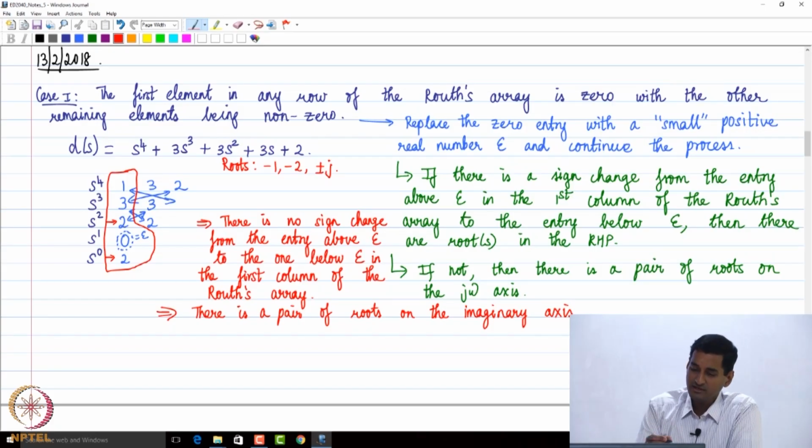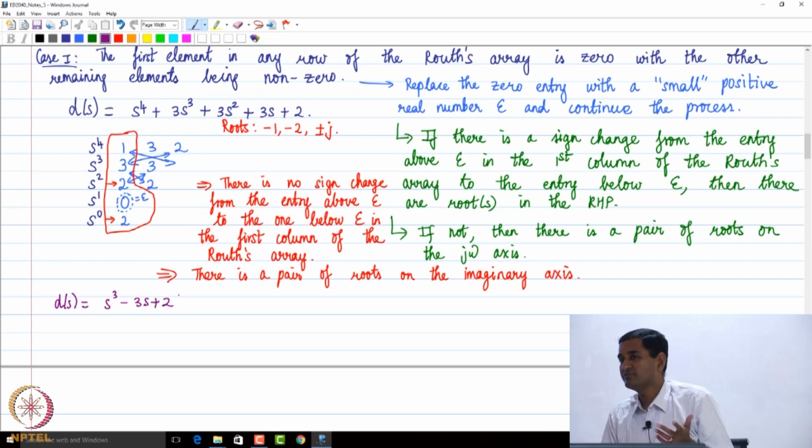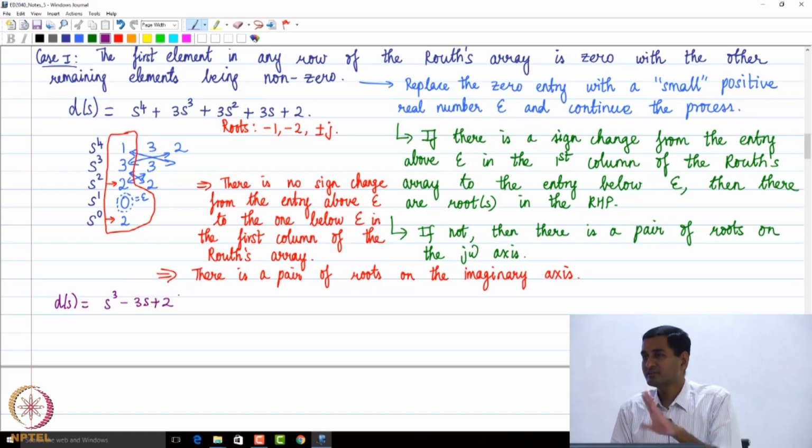So just to re-emphasize this special case, let's do one more example, wherein we consider d of s to be, just to convey the point, s cube minus 3s plus 2. Of course, you see that not all the coefficients are 0 and of the same sign, but that's fine. Right now we want to find out the distribution of roots.